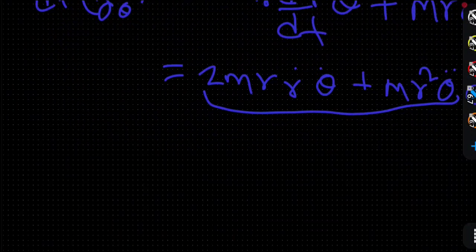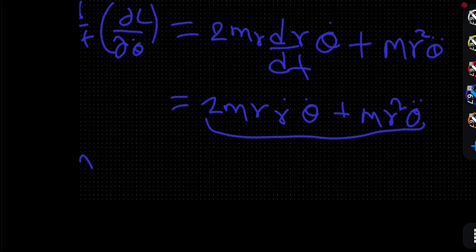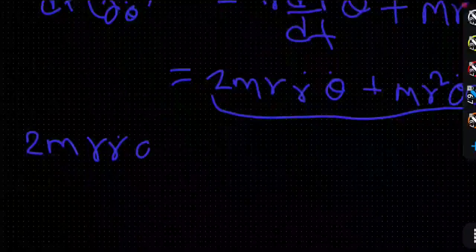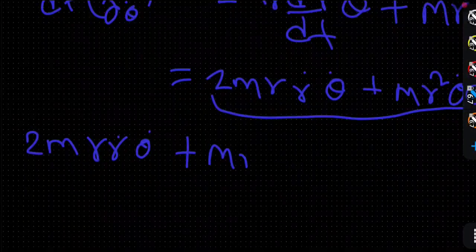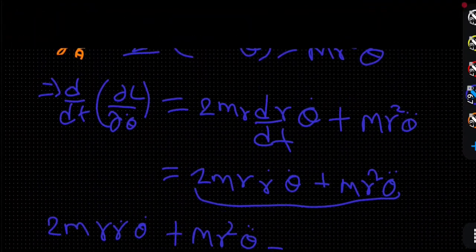Now we'll plug this into the Lagrangian equation, which is 2m ṙ θ̇ plus mr²θ̈, and it should be minus our previous equation. What was our previous equation?